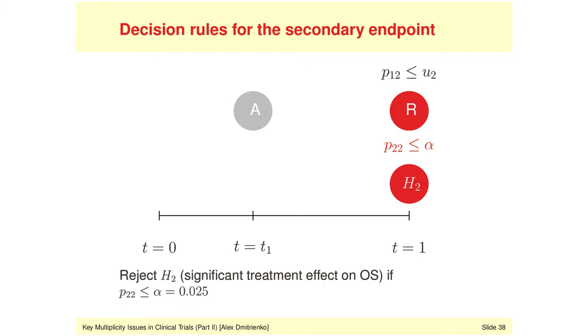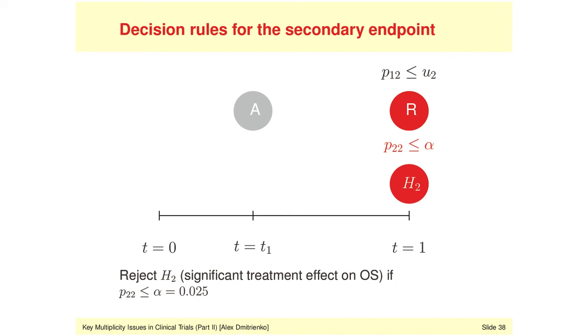We're going to step down to the hypothesis H2 as shown on the slide, and which significance level should we use for testing the overall survival effect? In this case, since there's only one possibility to assess the treatment effect on overall survival, remember we emphasized before when I introduced scenario 2 that the overall survival test can be carried out only once during this trial.